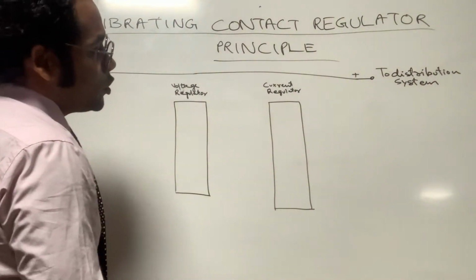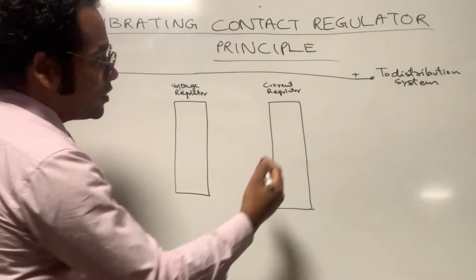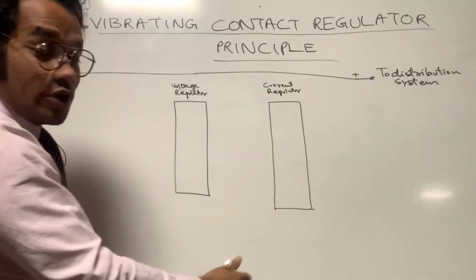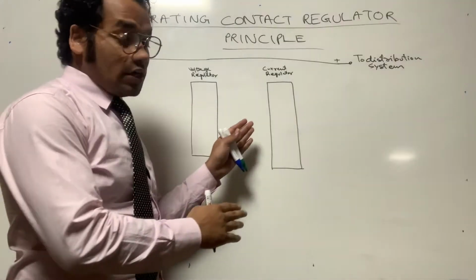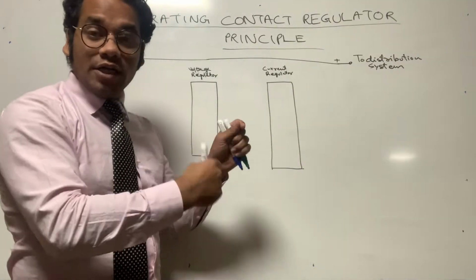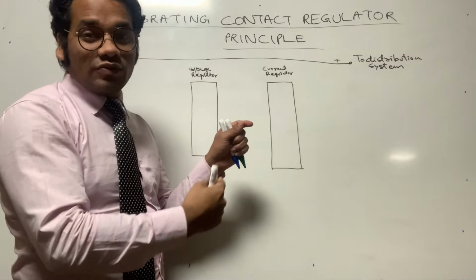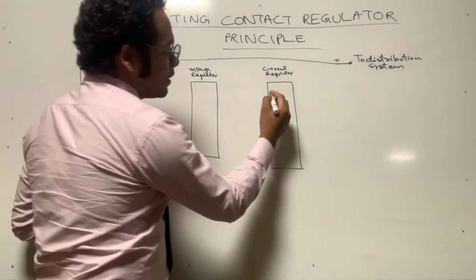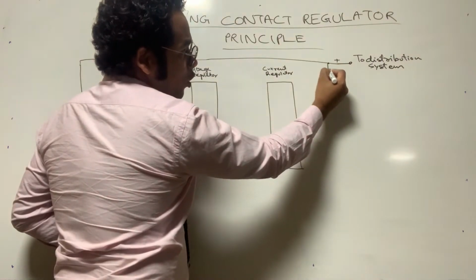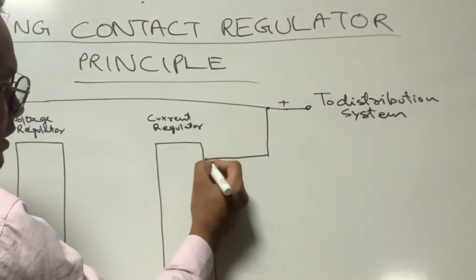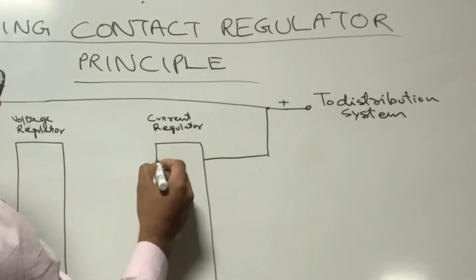So how is the connection done? Since this is the core, there will be winding also. In the current regulator, how is the winding connected? Remember that in the current regulator, the winding will be a few turns of thick copper wire. From the generator output, I'll connect the output with this core.